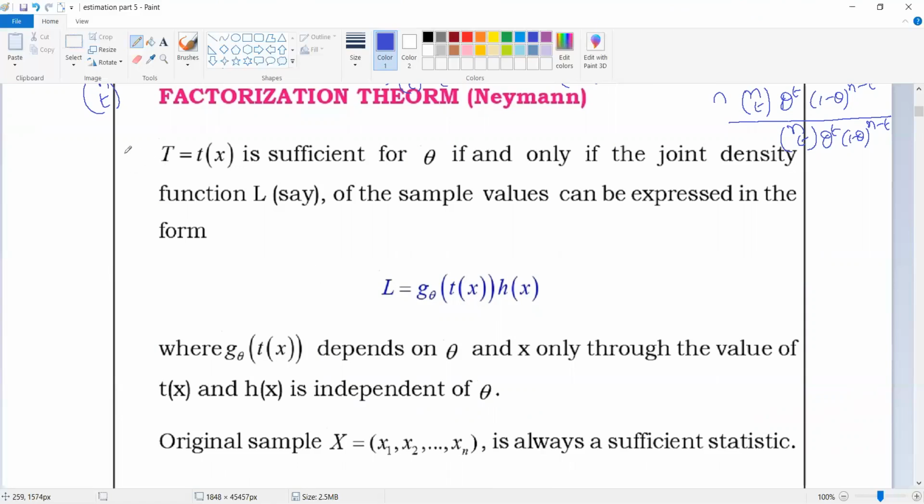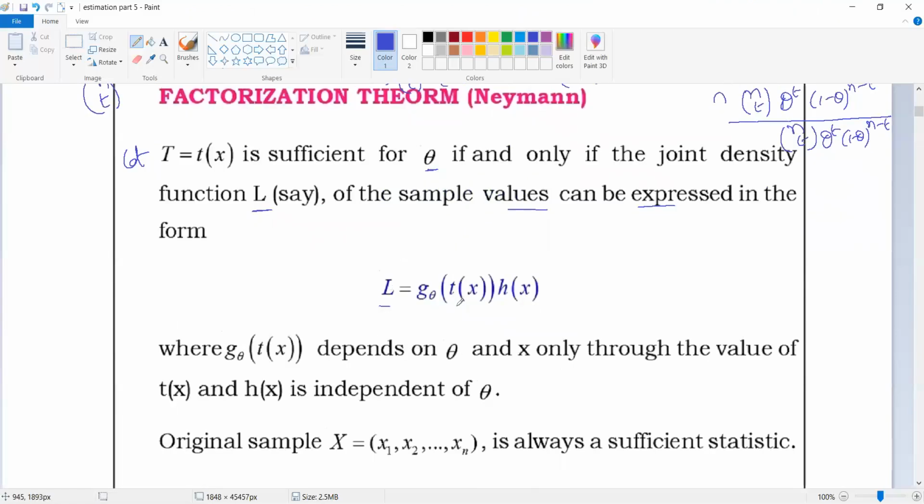Let T is equal to T of x. T is sufficient for theta if and only if the joint density function, called the likelihood function, or the joint probability mass function, denoted as L, of the sample values can be expressed in the form L is equal to G of T of x into H of x. The likelihood function was already explained.